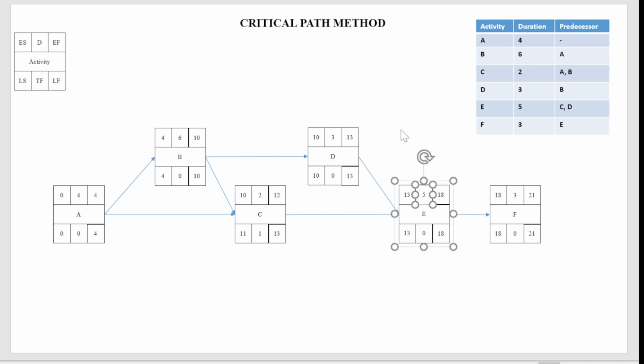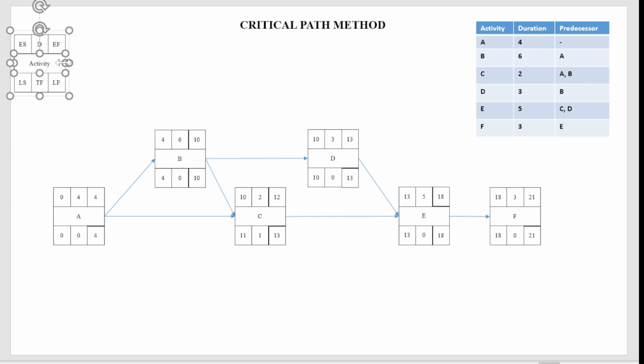Activity F has predecessor E, with a duration of 3. First we fill in all these details, and the duration and activity are filled.